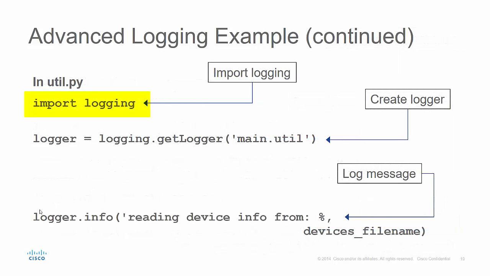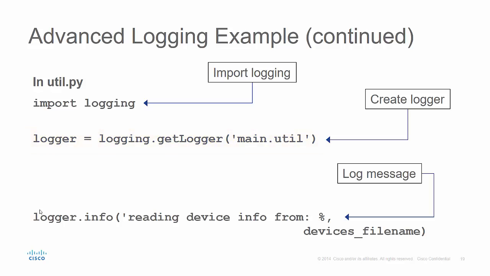In your other modules, what you will do is you will import the logging module as well, and then you will create your logger, and you will mention the main logger from which your module has derived its logging functionality. So this will inherit the logging configuration that we set up in our main module.